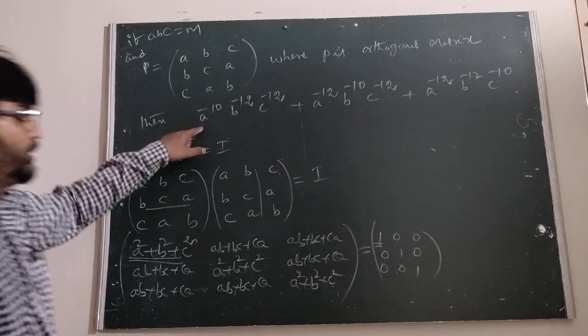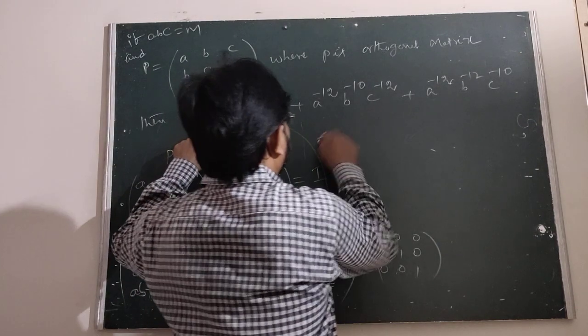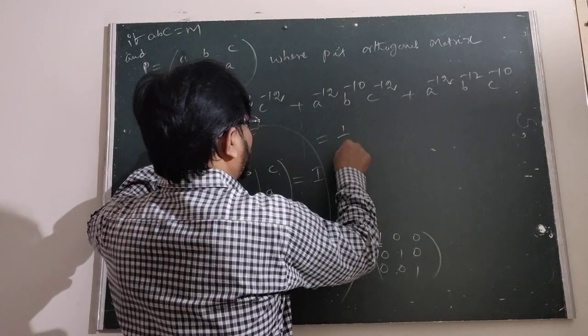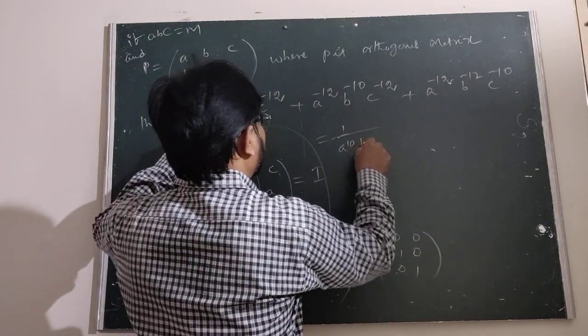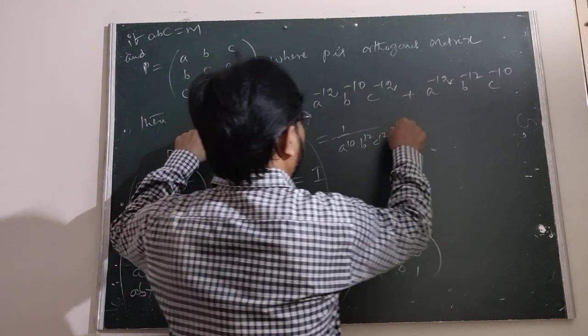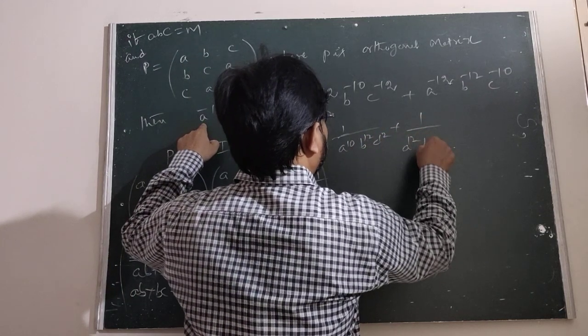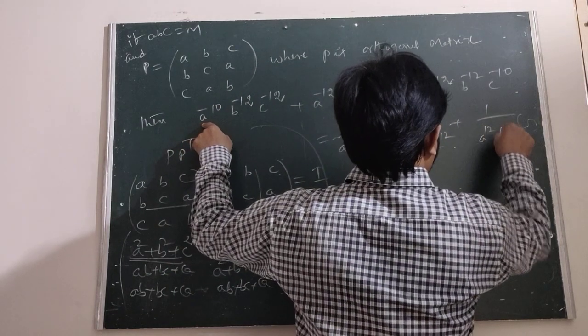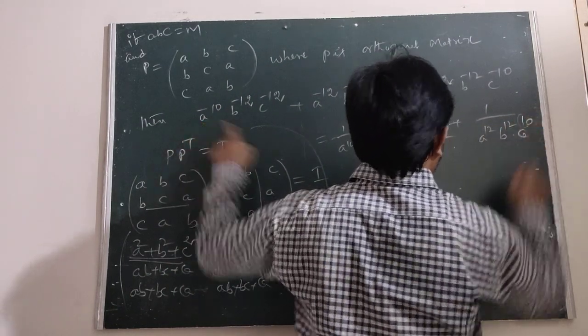Now we observe here, this is 1 by a power 10, b power 12, c power 12. This is a power 12, b power 12, c power 12, and this is a power 12, b power 12, c power 10.